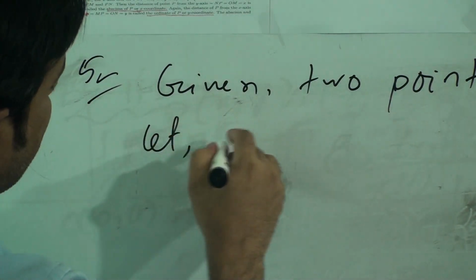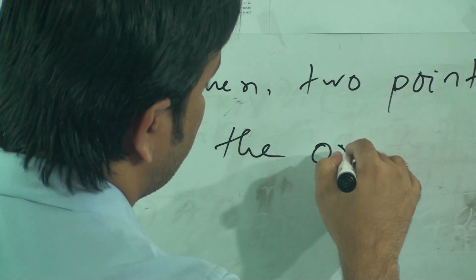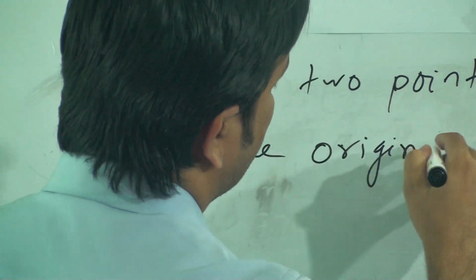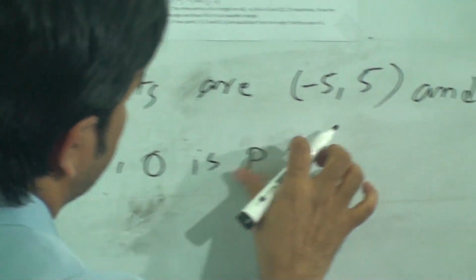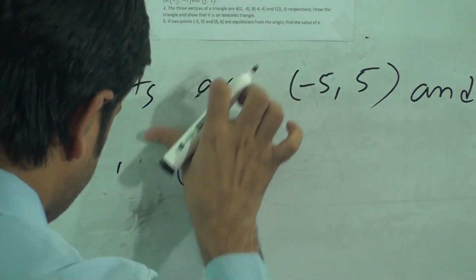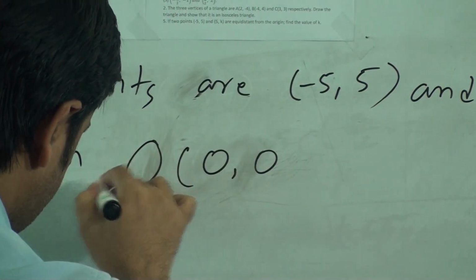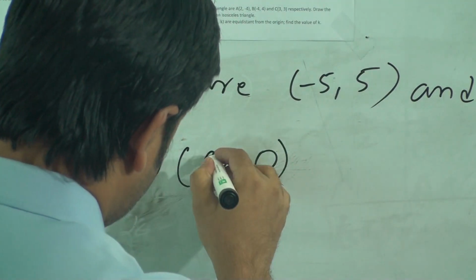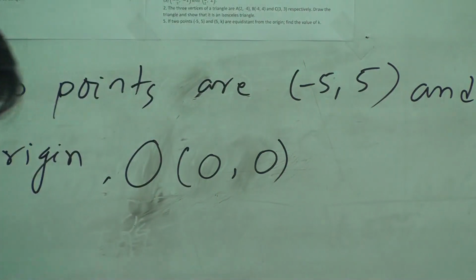Let the origin O be 0, 0. Generally, the origin is denoted by O and its coordinates are 0, 0. It means abscissa and ordinate both are 0 at the origin.